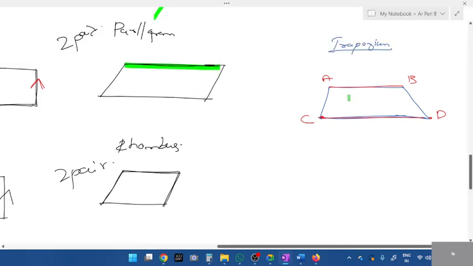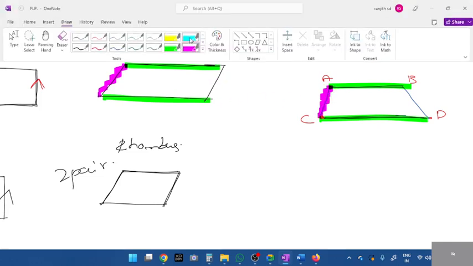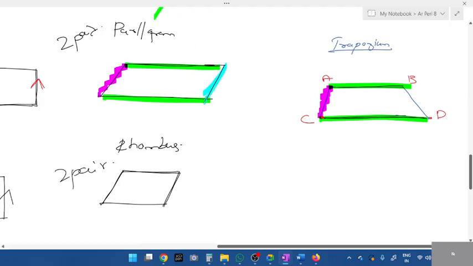Okay, look at parallelogram and trapezium again. The top lines and bottom lines are same like parallelogram. Even this AC, students, even this line, even this pink line is also same. But what about the other one? Let me draw a line. What about this green line?